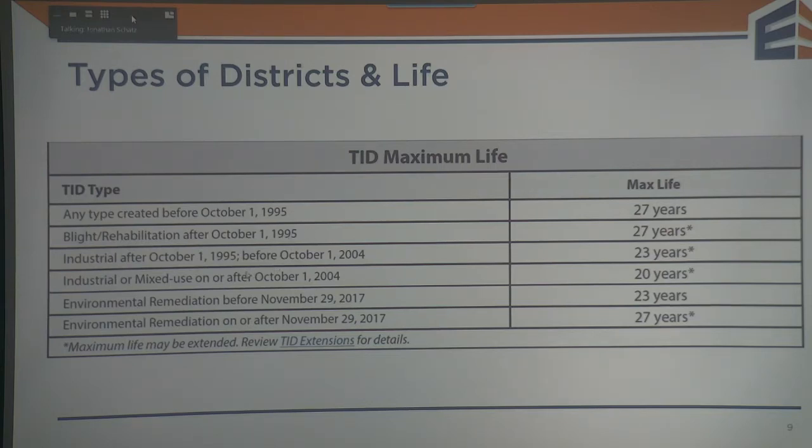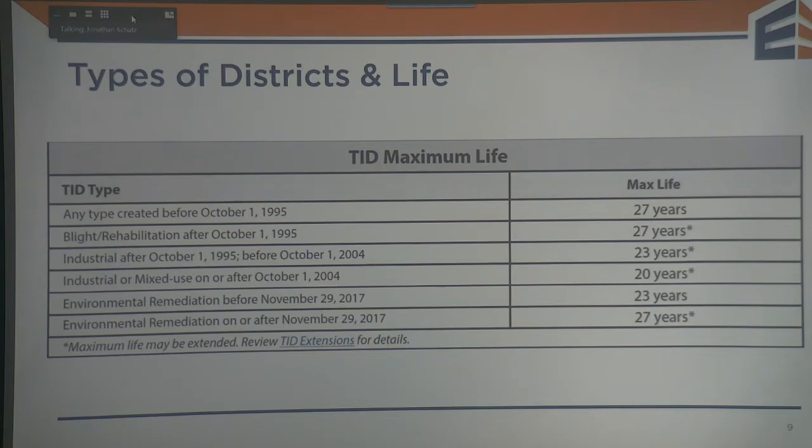Then there's an industrial designation. There was an industrial post-1995, pre-2004, which is the 23-year maximum life TID, and then there's an industrial or mixed-use designation that was post October 1st, 2004. Those TIDs have a 20-year maximum life. A lot of the differentiation here is what the use of the TID is.